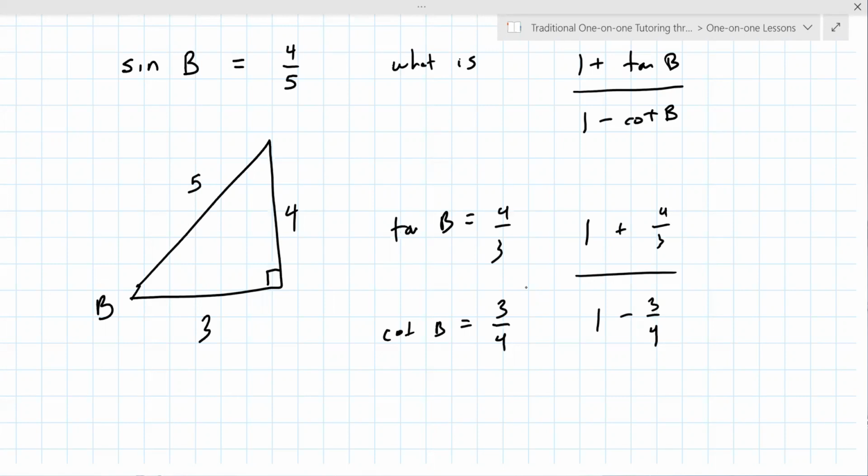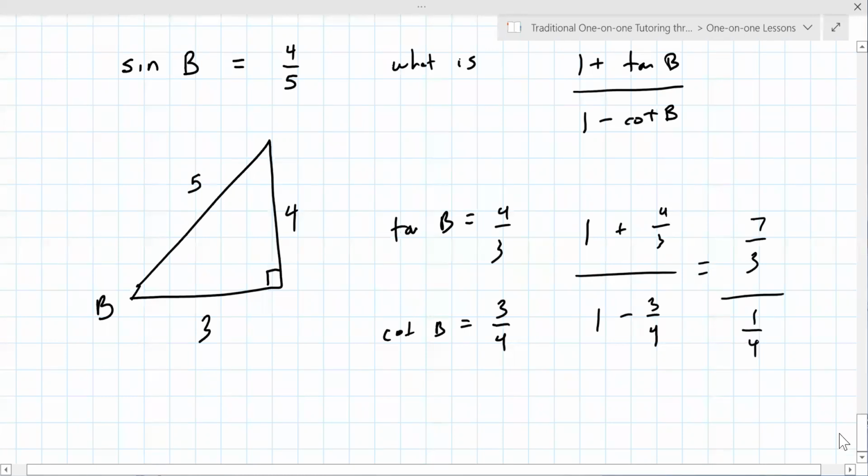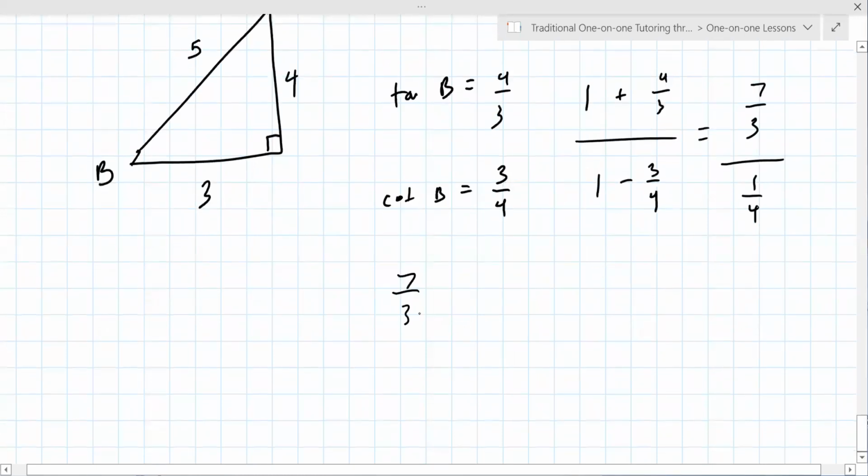I got 7/3 over 1/4, but I don't remember how to reduce it. Okay, so that is correct. 7/3 over 1/4. So when you're dividing by a fraction, you multiply by the reciprocal.